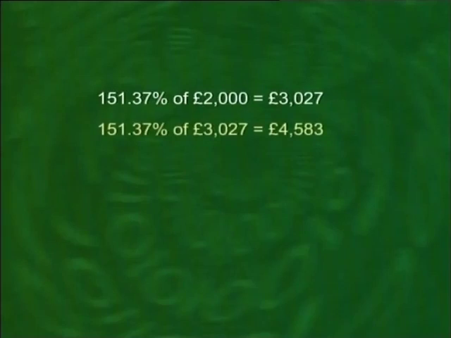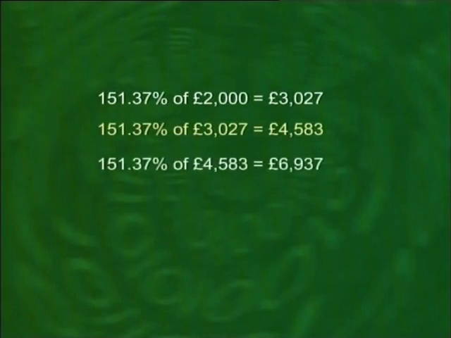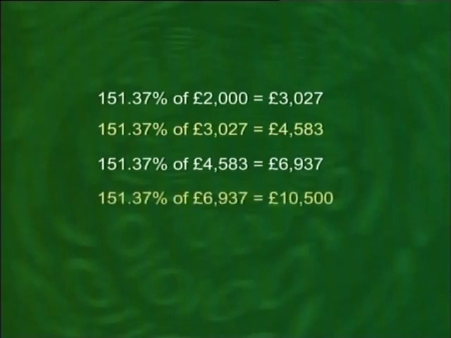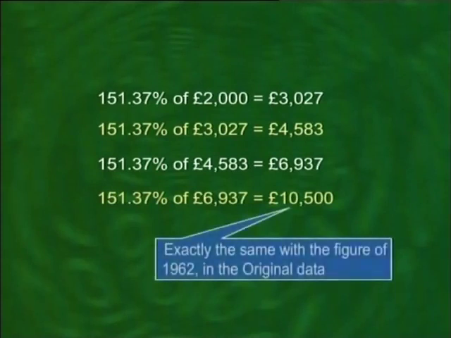And if we utilize this value to obtain the individual turnover figures, we find that 151.37% of 2000 is 3027, 151.37% of 3027 is 4583, and continuing in this manner, the final figure comes out to be 10500, exactly the same as what we had in the original data.